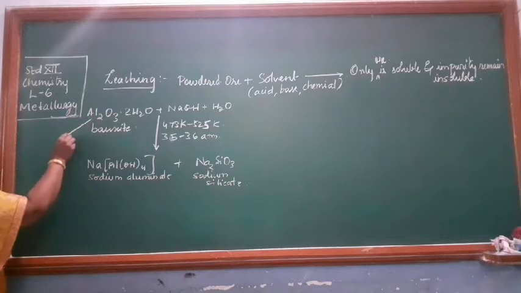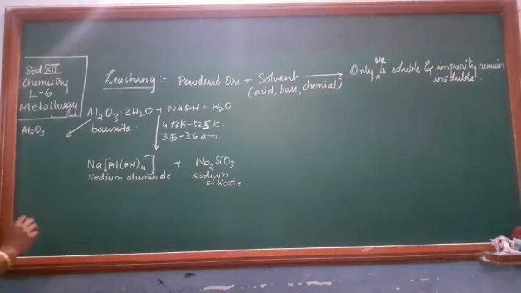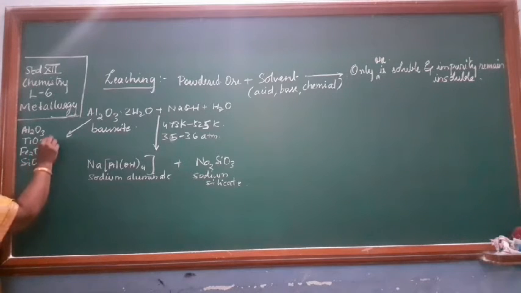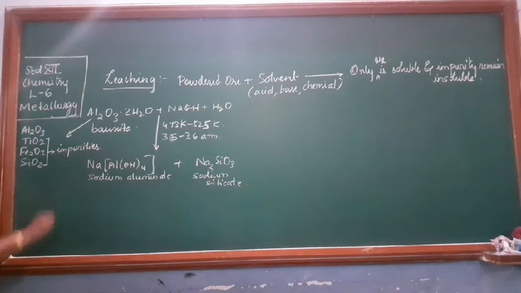अब ये Al2O3 जो है उसमें कौन सी impurities है? It has Al2O3. This is not the impurity, this is the oxide which we require. इसके साथ along with it we are having TiO2, that is titanium oxide. Then you have another oxide, that is Fe2O3. These are all impurities. Okay. Then you have SiO2. So these three are the ones which we call impurities, because those are the metals which we do not require.